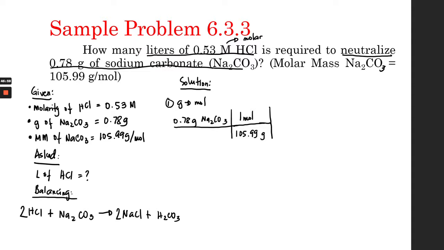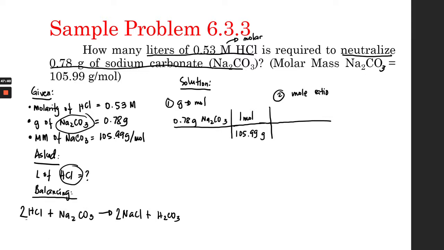Next, what we're going to do is number 2, which is use the mole ratio. And the mole ratio that we need is between our HCl and Na2CO3. According to our balanced equation, we need 2 moles of HCl per 1 mole of Na2CO3.